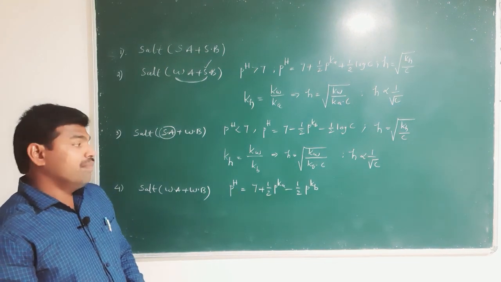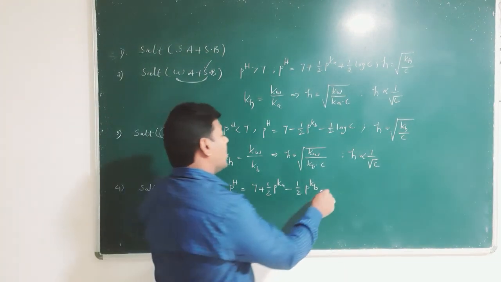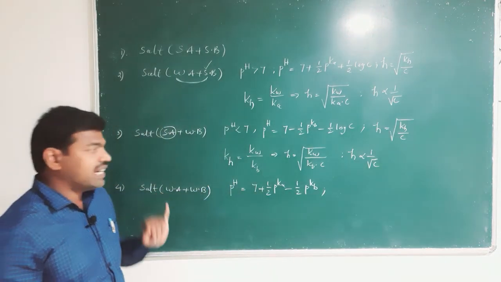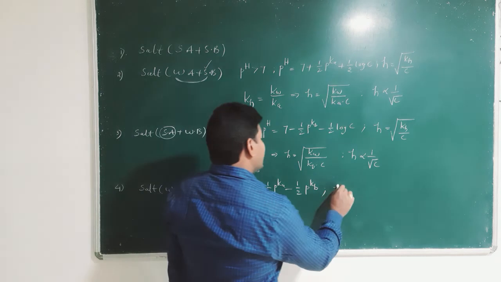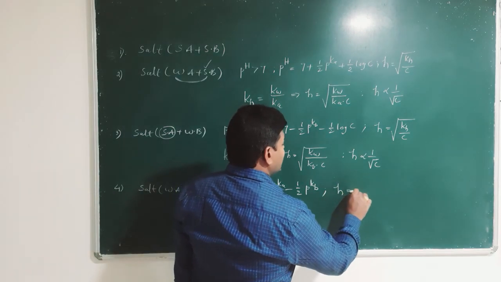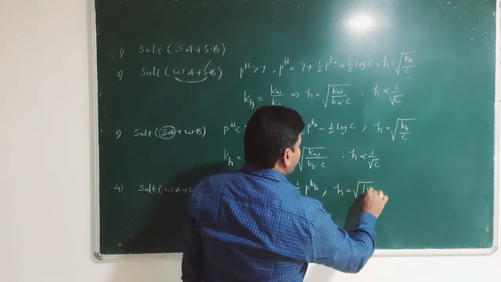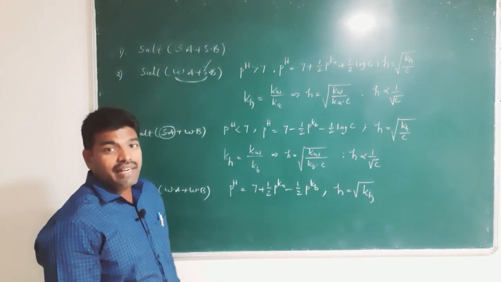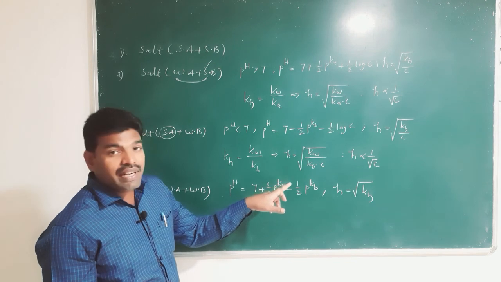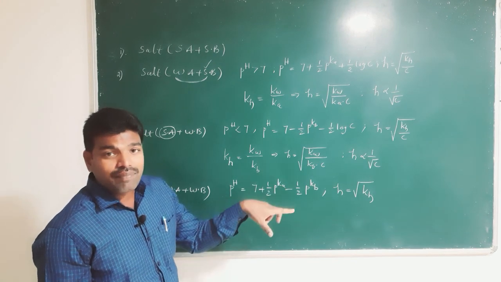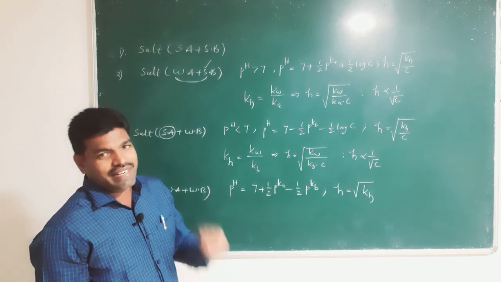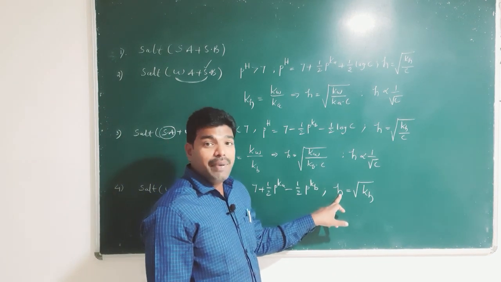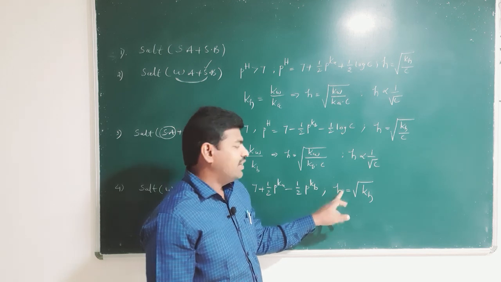And one more important point in hydrolysis of salt derived from weak acid and weak base is that degree of hydrolysis is equal to root Kh. Here we could not identify the relation between degree of hydrolysis and concentration term. So here the degree of hydrolysis is independent of concentration.